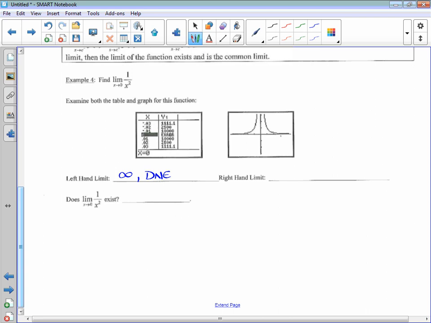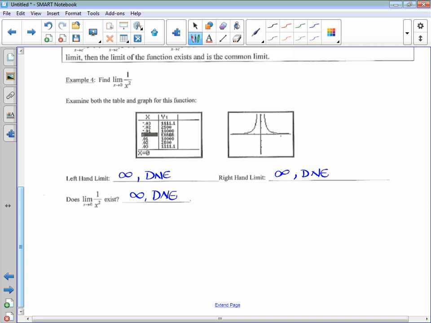Now this one's a little trickier, for just the limit as x approaches 0. Are they both going the same way? So what do you want to tell me? Infinity, but still does not exist. Good. All right. Let's keep going.